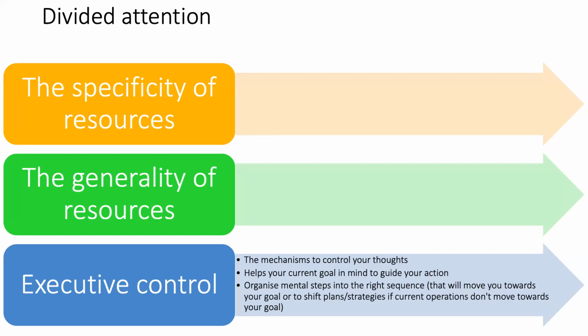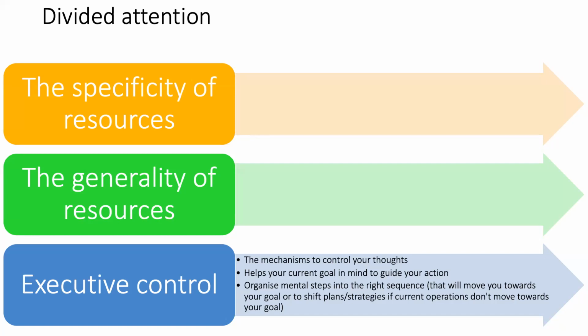Divided attention. What affects this divided attention? The specificity of resources, how specific the resources are, the generality of resources, are they general or very specific, and the executive control. The mechanisms to control your thoughts.